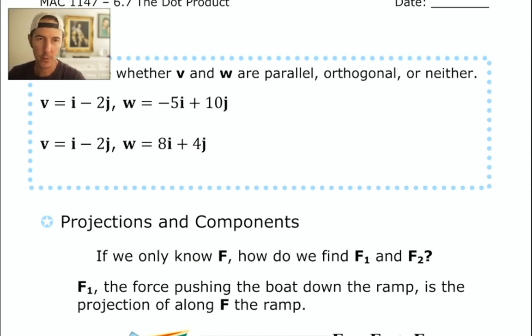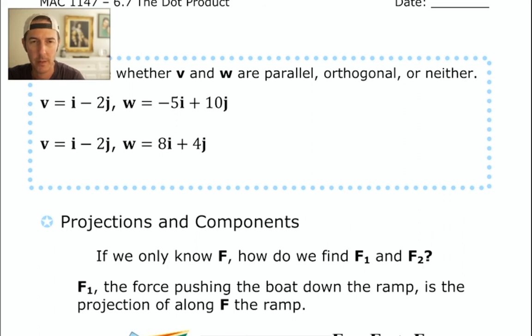I'm just staring at these you-tried examples and doing them in my head real quick so that I can tell you what the answers are, so that if you want to work them out on your own, you can. -5, -20, not orthogonal. Multiply by -5. So they're parallel. -5 is the key on the first pair of vs and ws.